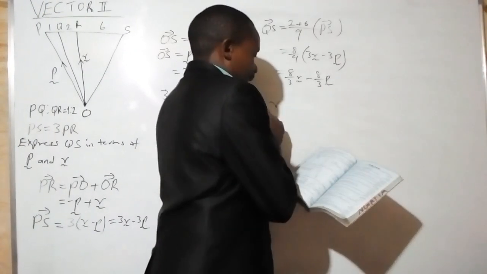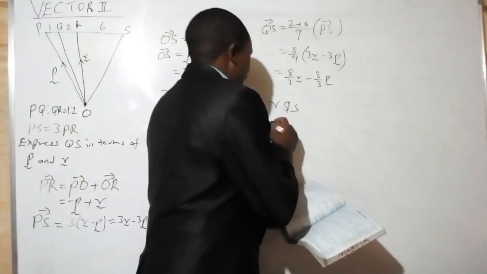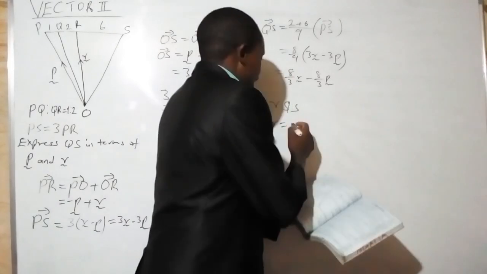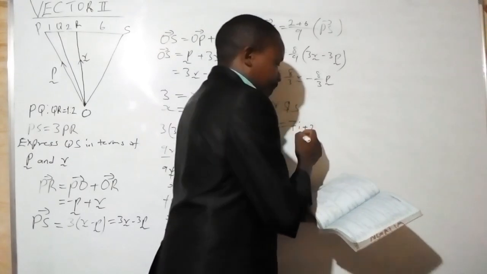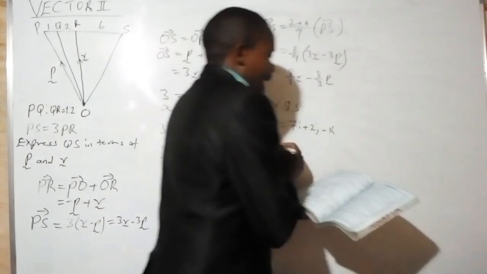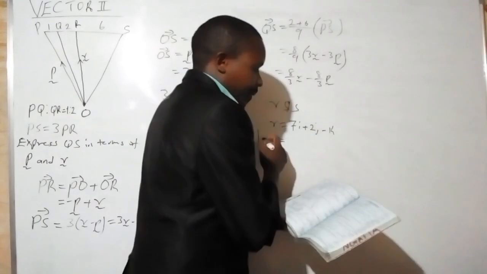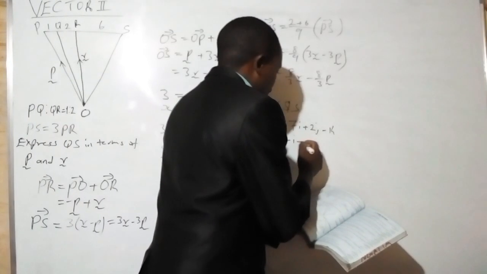Roman 2, where you've been told that vectors R and S are such that R is equal to 7i plus 2j minus k, and S is equal to negative i plus j minus k.